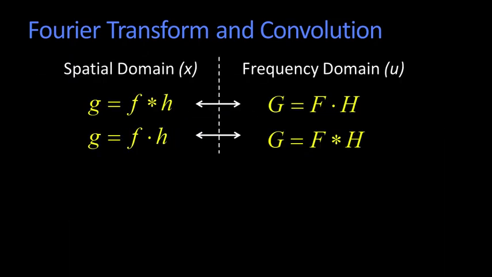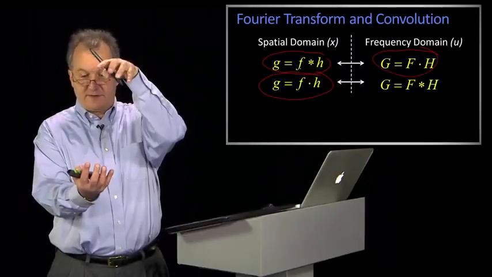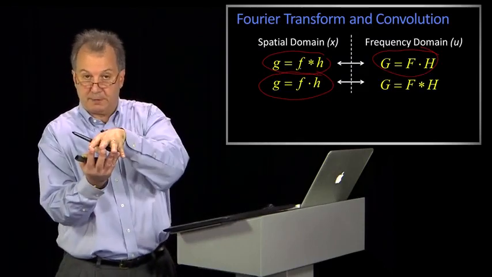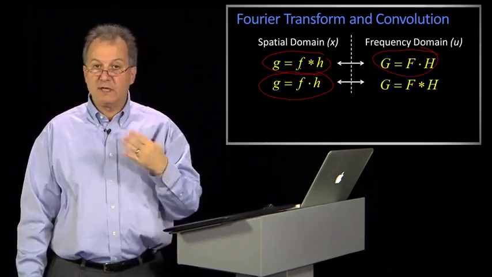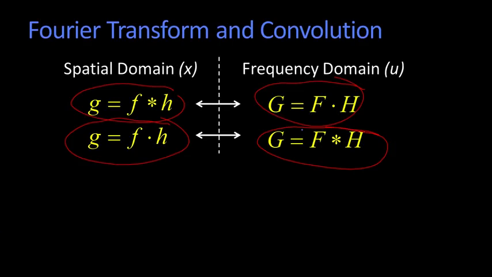Also, because of the symmetry of how the transforms work, if I were to multiply in the spatial domain, that is, if I took two functions and multiplied them together, I don't convolve, I just multiply, the Fourier transform of that new function is going to be the convolution of the Fourier transforms of each of the individuals. We're going to make use of that both here and a little bit when we talk about aliasing.